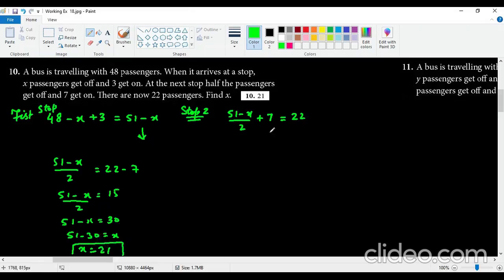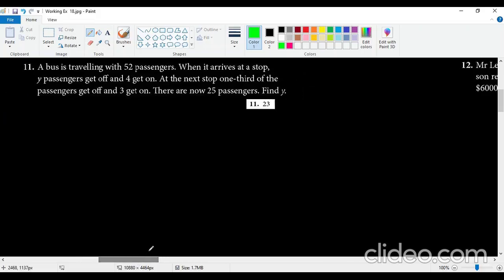Moving on to the next question, question number 11, which tells us another situation. At the first stop, out of 52 passengers, these passengers get off and 4 more passengers come. That means this is going to be 56 minus y. This happens at the first stop. At the second stop, the same passengers, one third.